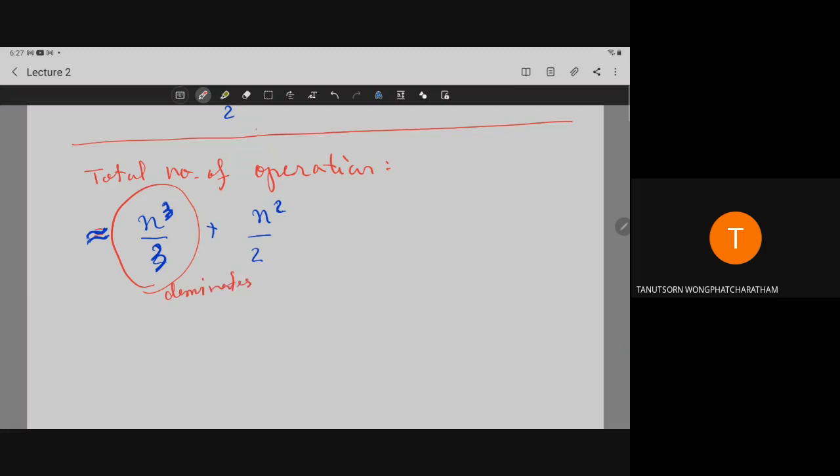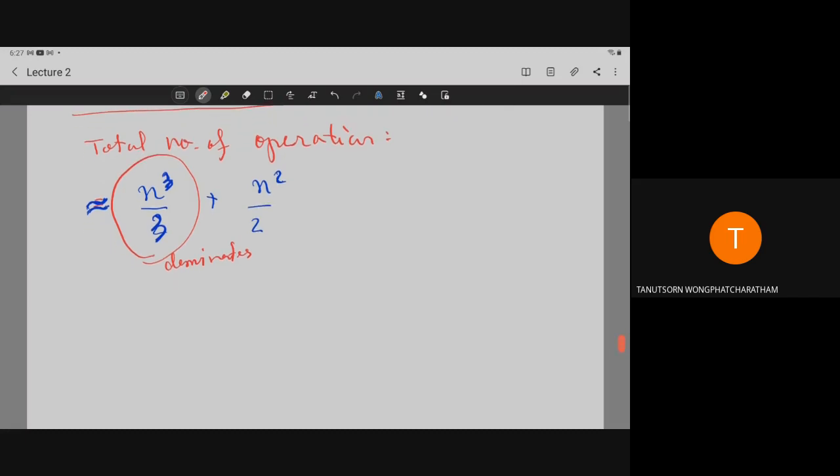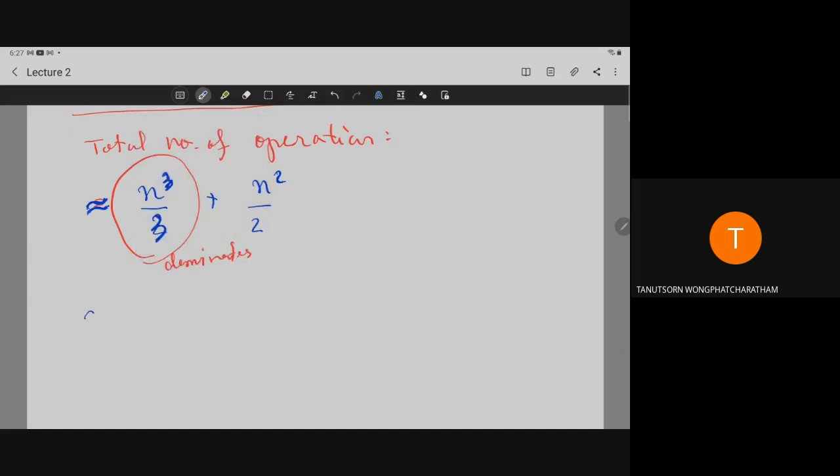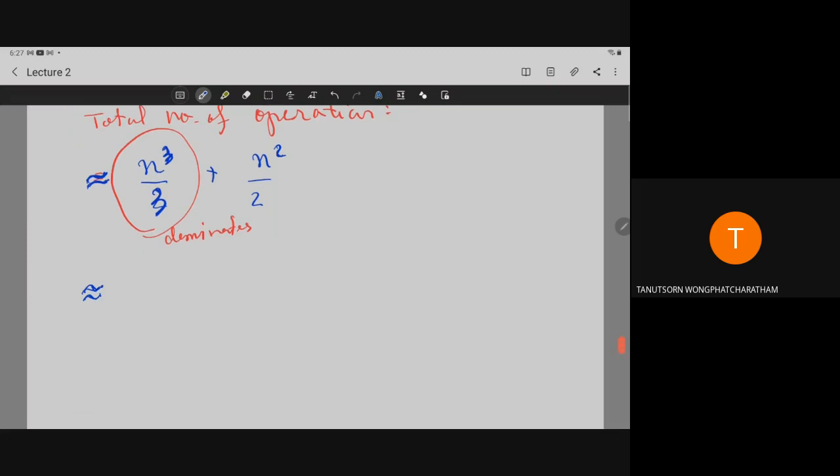Imagine if n is large, then when you take to the power of 3, it dominates the term to the power of 2. So here we can say that the complexity of solving the equation like this is around n cubed over 3.